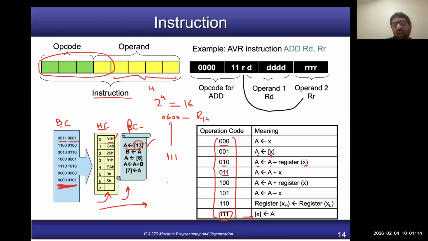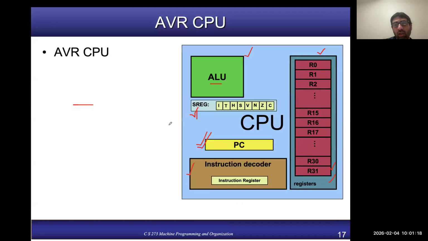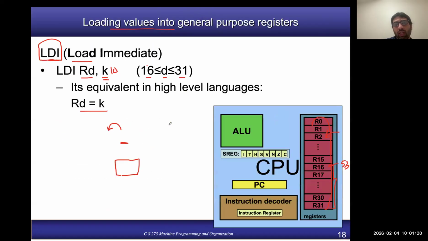You can also have a follow-up question: if we have 4 bits that can specify at most 16 different registers, why are we using 16 to 31? Why not 0 to 15? That is the designer's choice, and I don't have a deeper answer about that.